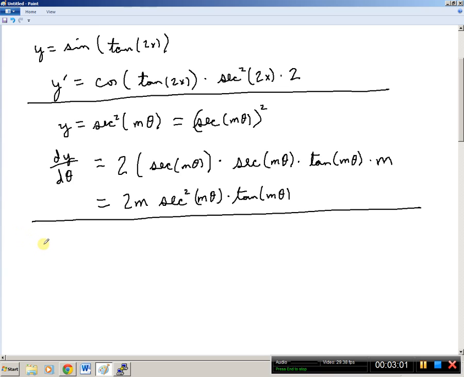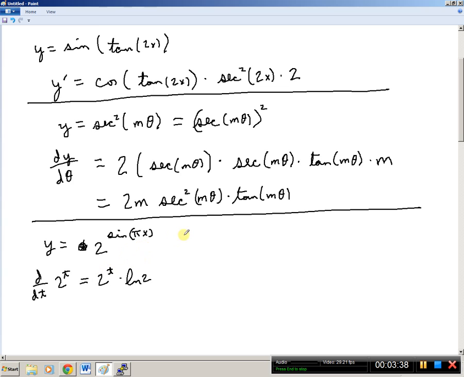Okay, the next problem, you're supposed to find y prime, where y equals e to the, I'm sorry, no, it isn't e, it's 2 to the sine of pi x. And here, to do this problem, you have to remember that the derivative with respect to, let's change variables just for fun, t, the derivative with respect to t of 2 to the t is 2 to the t back again times the natural log of 2, the constant that you get because it's not e that you're taking as the base.